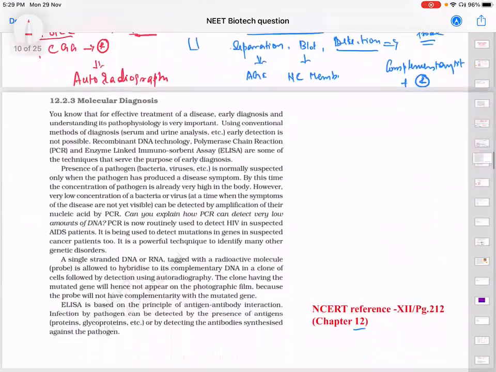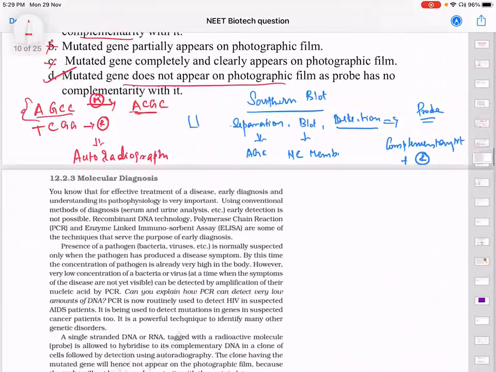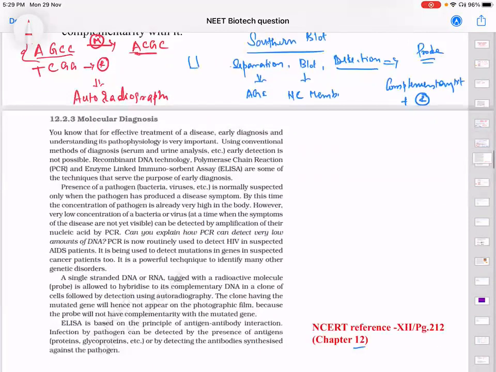So coming to here, we have seen the question, the options, and the discussion. Here you can see: the clone having the mutated gene will not appear on the photographic film because the probe will not have complementary DNA with the mutated gene.